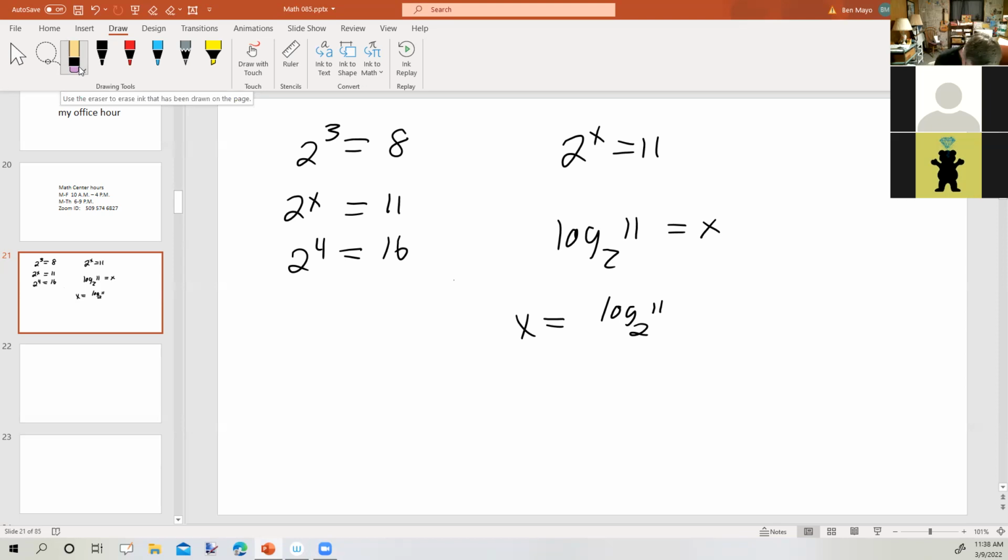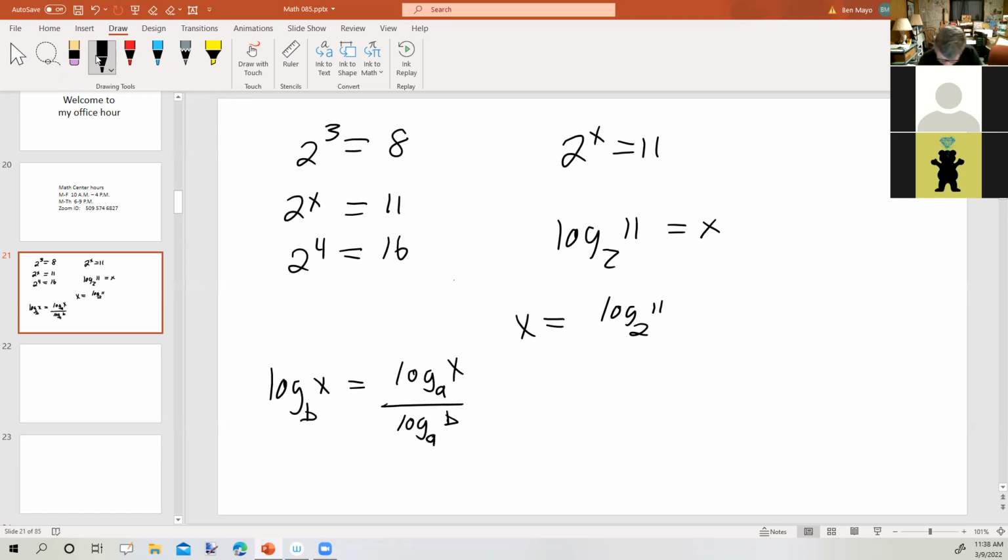And this is what it says. Log base b of x equals log base a of x over log base a of b. Now, again, keep in mind restrictions, the base has to be positive and not equal to 1.